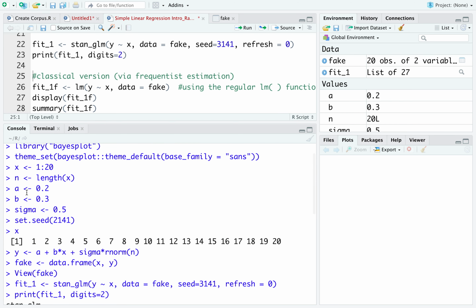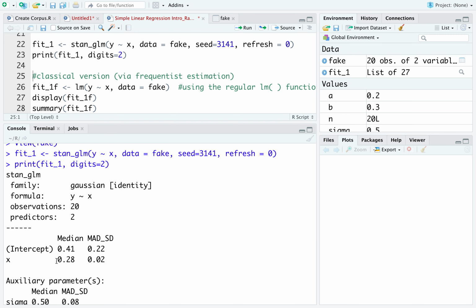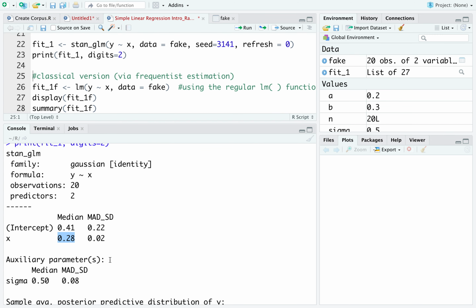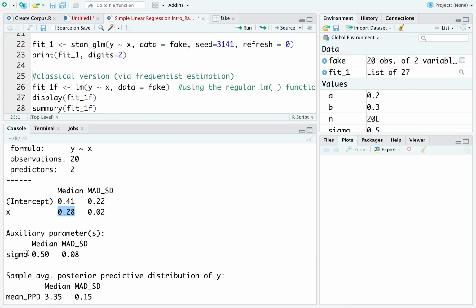So we used a true slope of 0.3, and our estimate from the data was 0.28 plus or minus, so maybe 0.26 to 0.30 as more likely than not, maybe 0.24 to 0.32 as a stronger probability that we're getting the truth somewhere in there. And we'll leave this out for now, but at least the uncertainty about it.